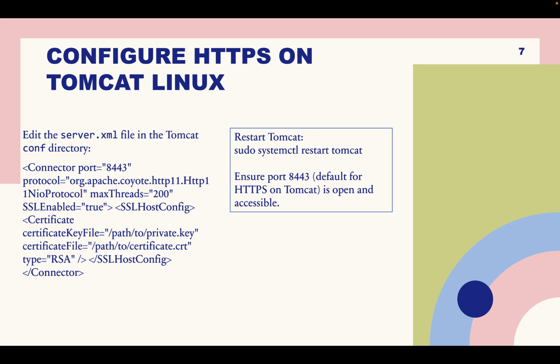You would navigate to that directory and then change the settings to this, and then you would restart Tomcat using this command, and then you would ensure port 8443, the default for Tomcat, is open and usable. So all these are very similar, just different steps to achieve them.